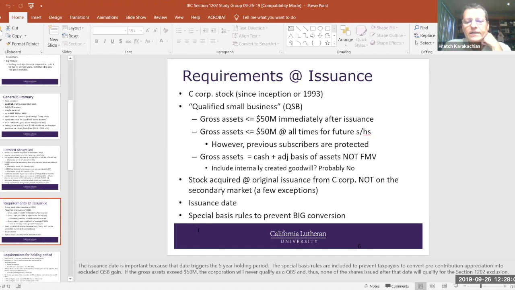But if you look at the last bullet point, special basis rules, that is a different rule that will come into play. But for purposes of the gross asset test, if you contribute shares of stock that has appreciated in value with a low cost basis, the cost basis would be calculated in determining this less than or equal to $50 million asset, not the value. Correct.